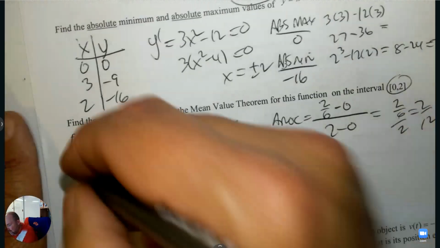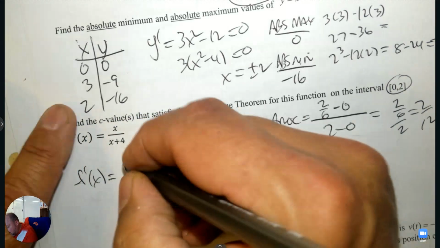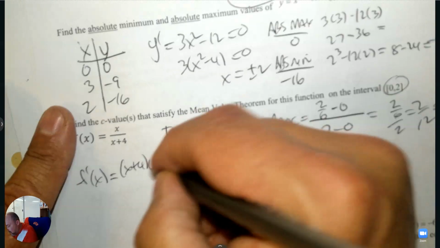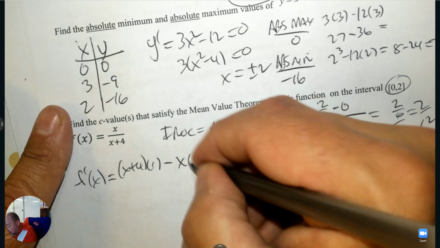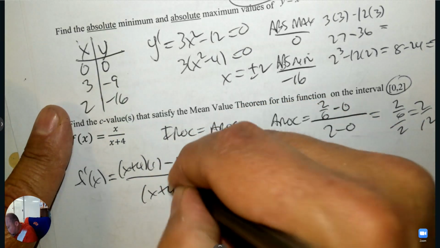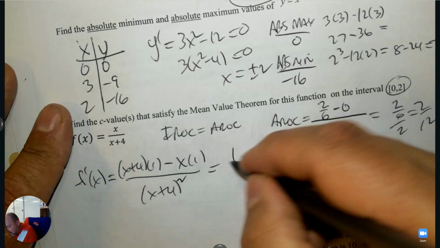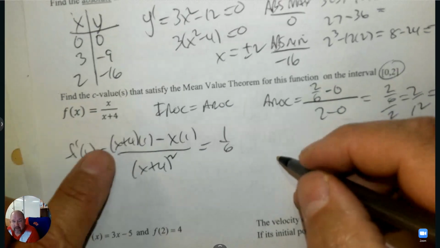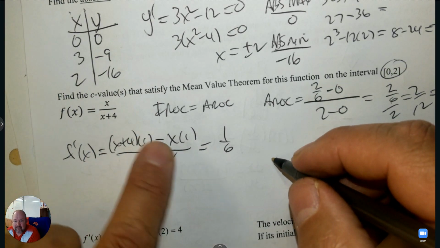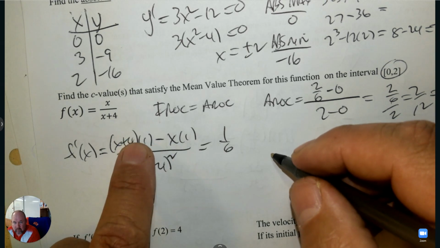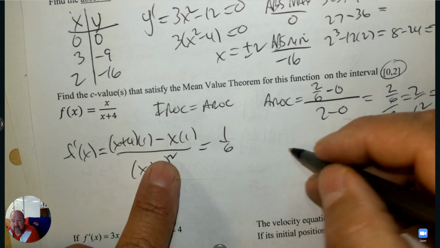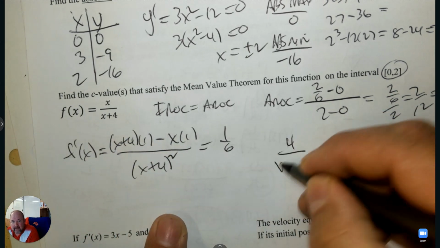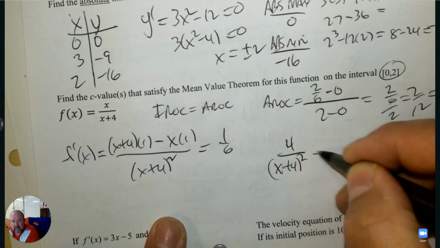Then the derivative is the quotient rule. So that's the bottom times the derivative of the top minus the top times the derivative of the bottom, and then the bottom squared. I'm going to make that equal to 1/6. So I have x minus x, that's done, and 4, and that's it. All I have on top is 4, and x plus 4 squared is equal to 1 over 6.